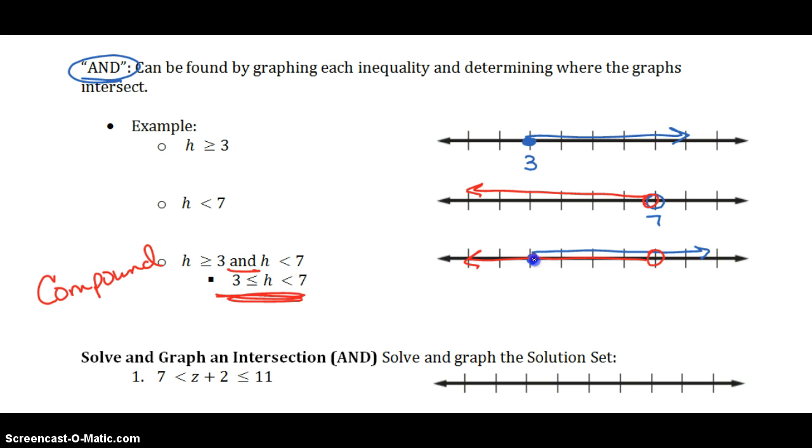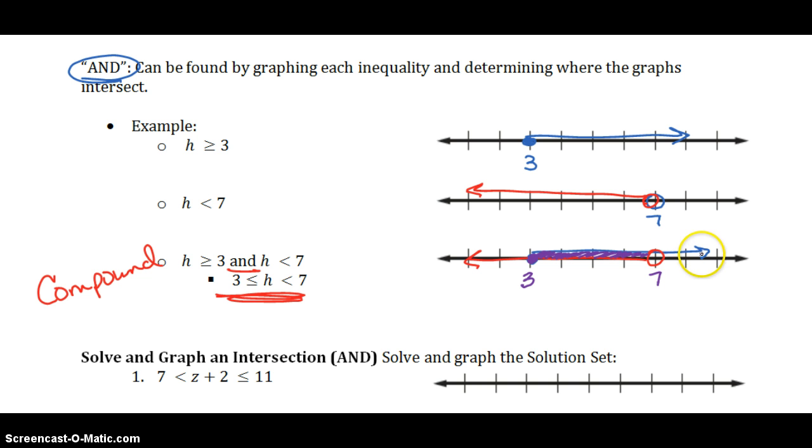So where do they overlap? Well, that point is in common to both, and all of these points are in common to both. But when we get to 7, 7 was not included in the second one, so it's not in common to both. So 3 is in common to both. Here the red keeps going, but the blue did not.